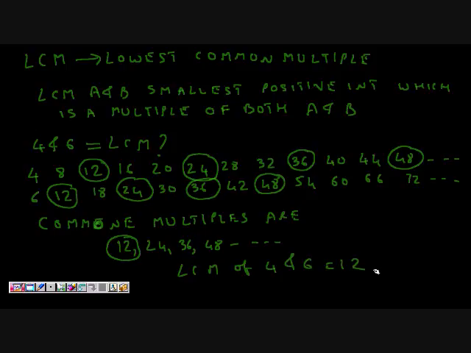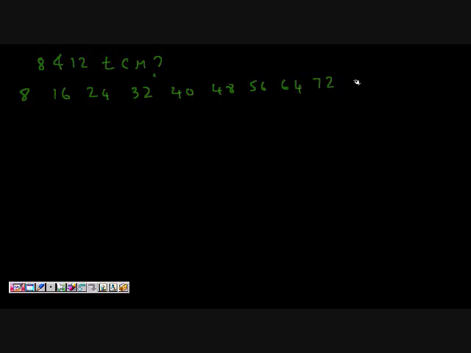Let's take one more example: the LCM of 8 and 12. So we can write the multiples of 8: 8, 16, 24, 32, 40, 48, 56, 64, 72, 80, 88, 96, and so on.